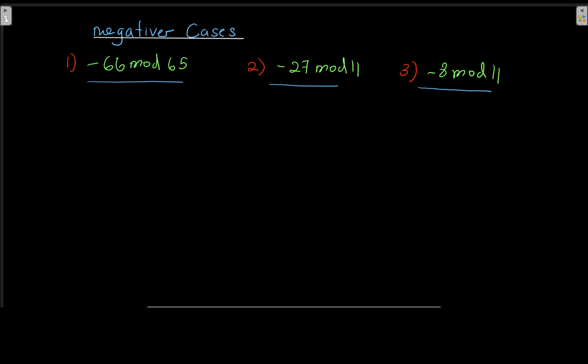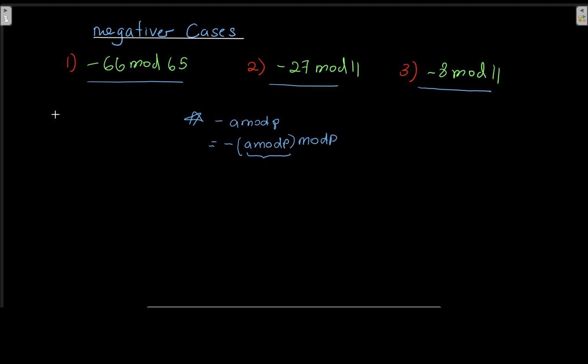For this, it is very important that we use this formula: minus A mod P can be expanded as minus (A mod P) mod P. You can use the previous solutions to find this value.